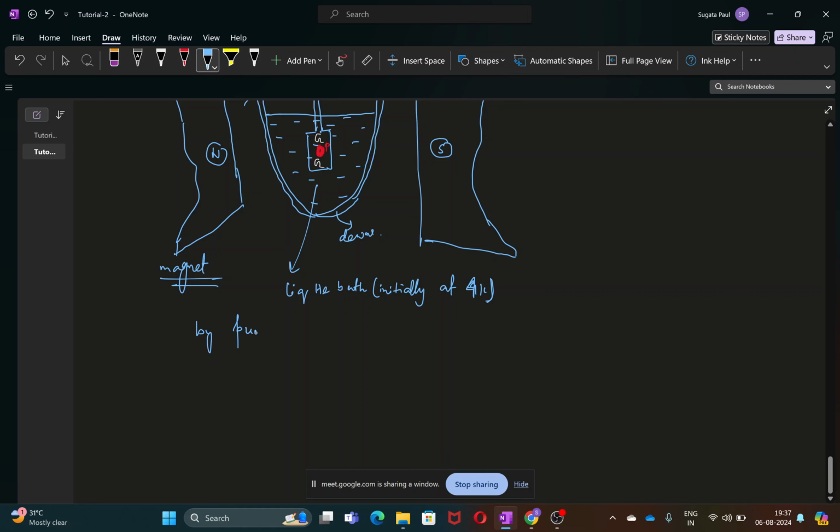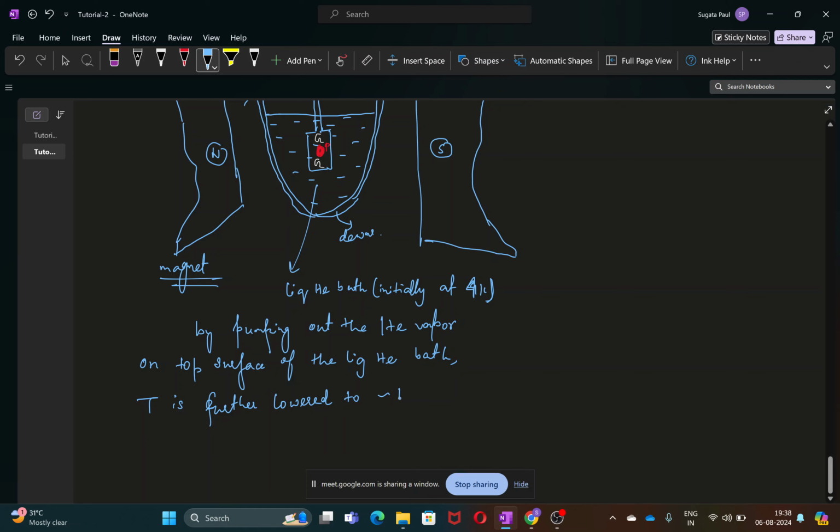So by pumping out the helium vapor on the top surface of the liquid helium bath, the temperature is lowered to at least 1 Kelvin.